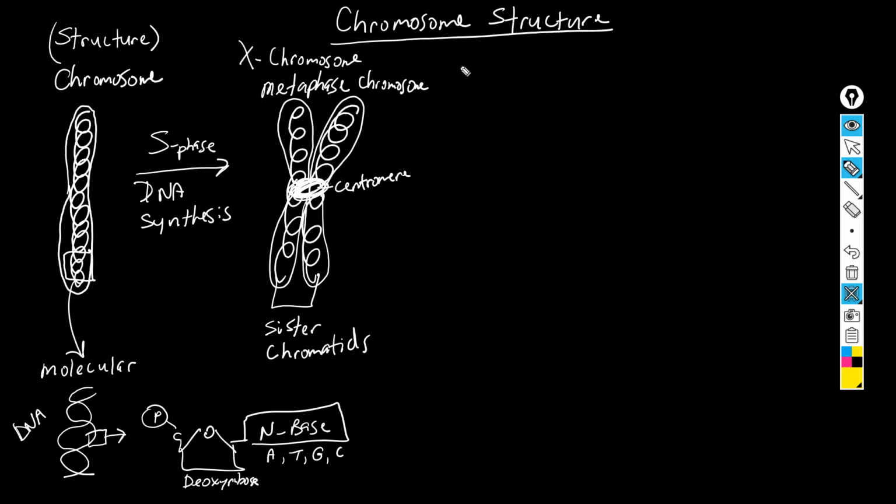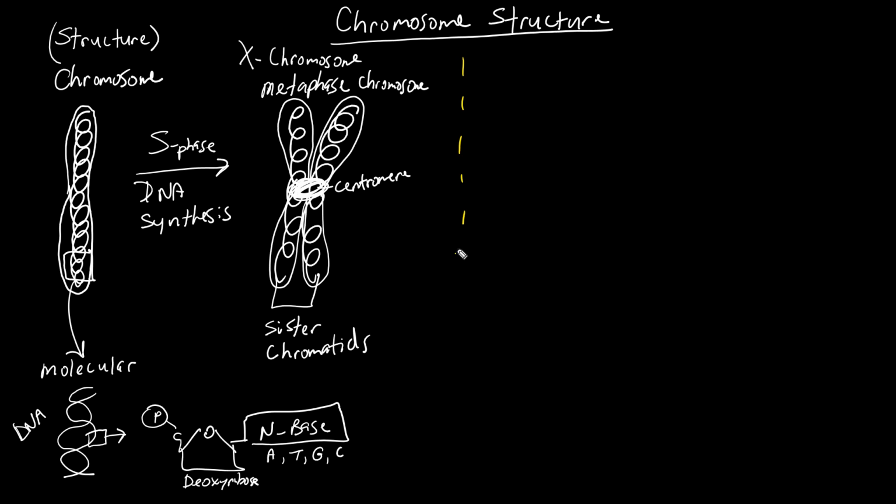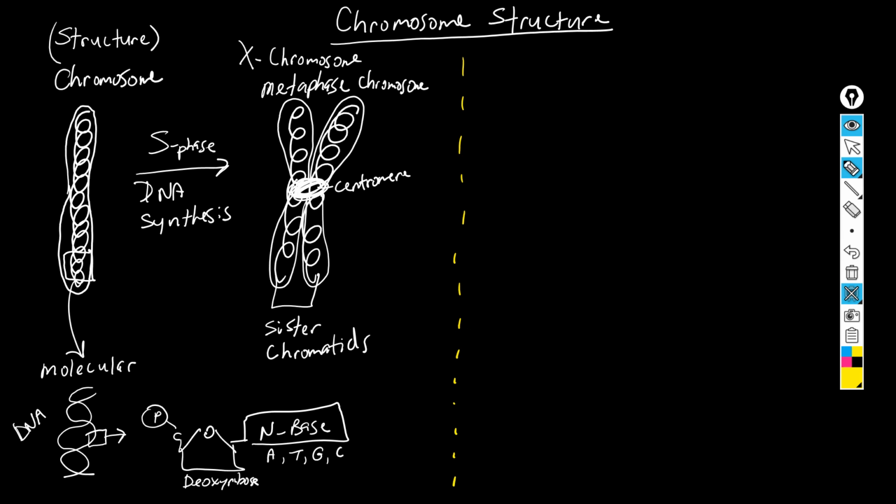So I'm just going to put a divider here, and we're going to say that interphase has already occurred in meiosis. The other thing I'm going to do is differentiate with color. I'm going to use red to represent my maternal chromosome. And so we'll go ahead and draw that out.